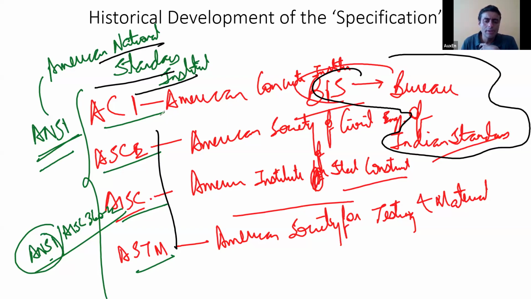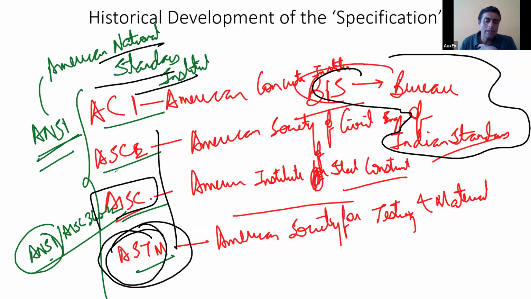Just a basic formation. Okay. So that's why you see these different names. Any material code, you will see beginning with ASTM, or any steel design code, you will see beginning with AISC, or the loading codes usually begin with ASCE, or the concrete codes usually begin with ACI, and so on. So don't get confused with these acronyms.